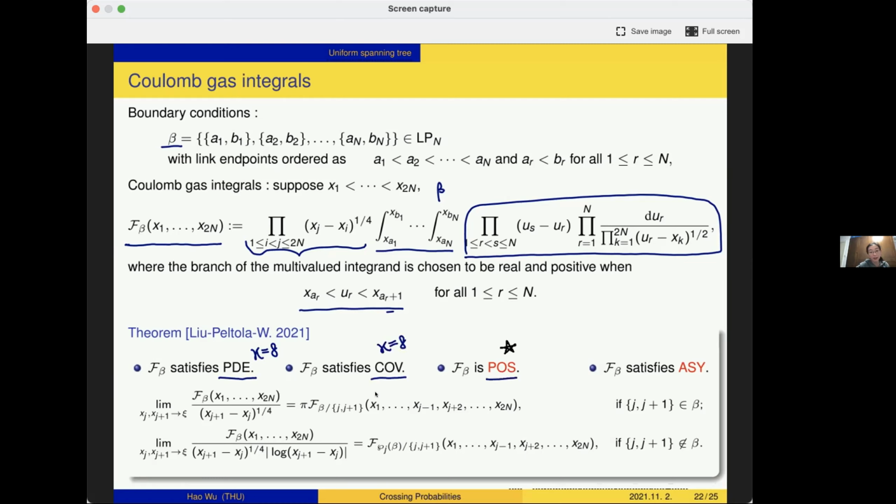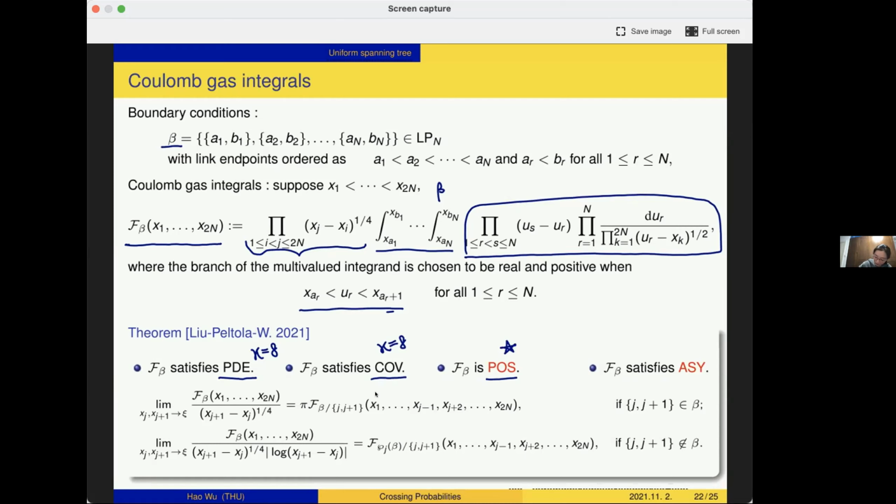This is a highly non-trivial fact from the definition. Although we choose the integrand to be positive on this interval, there's no reason to believe that the whole integration is still positive. It is very non-trivial to prove that, after this choice of the integrand, the resulting integral is indeed positive. Recall that because we eventually want to relate F beta to a probability, it is very important to show that it is positive.